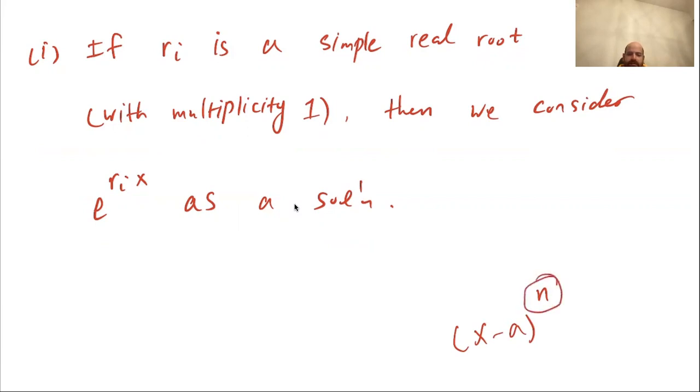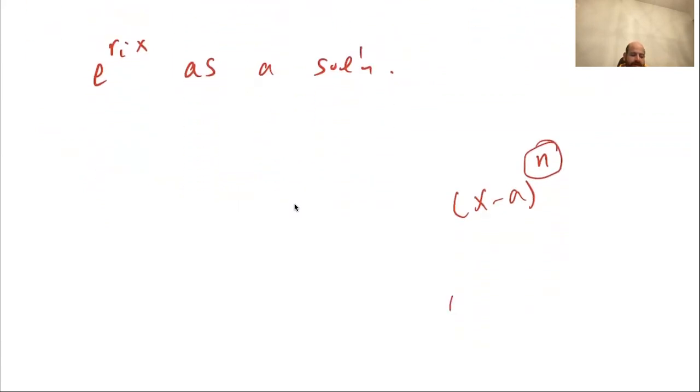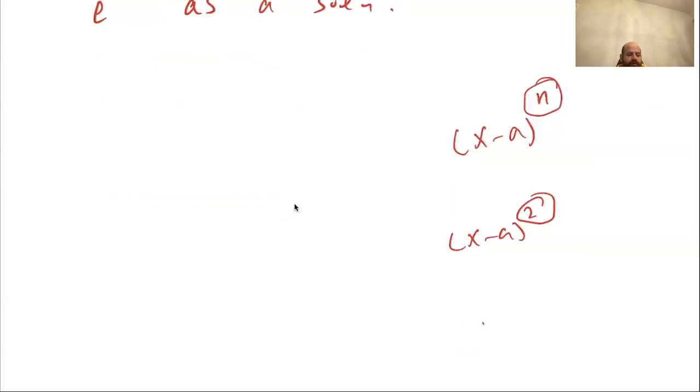So this number is called multiplicity. If you have a repeated root, for example (x minus a) to power 2, then it's called multiplicity 2. But multiplicity 1 means not a repeated root. For example, (x minus a) times (x minus b), then these are simple roots or roots with multiplicity 1.